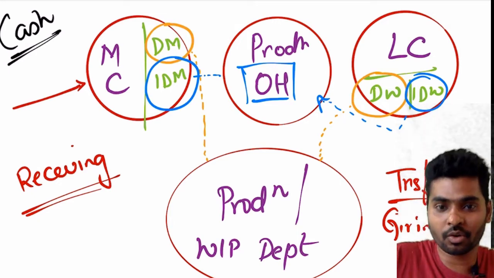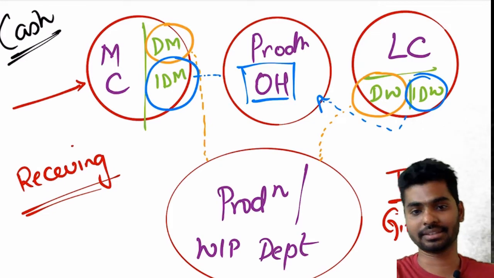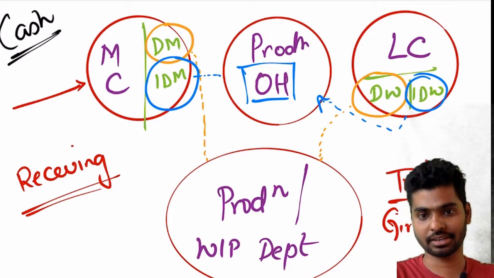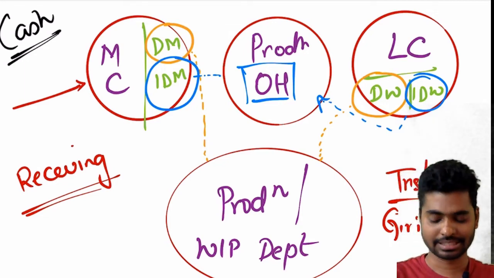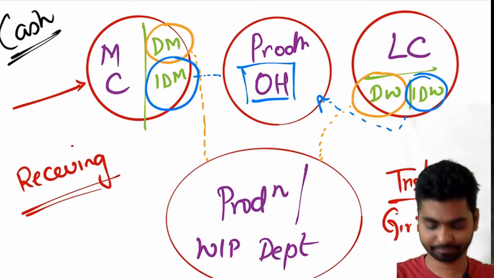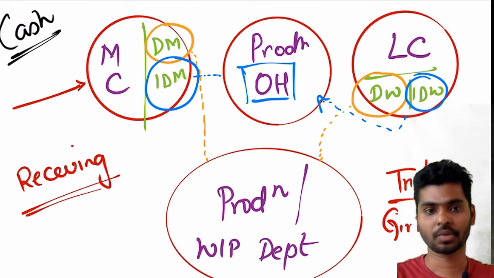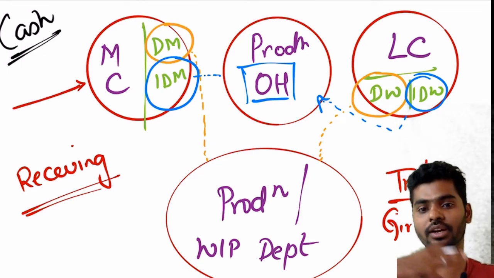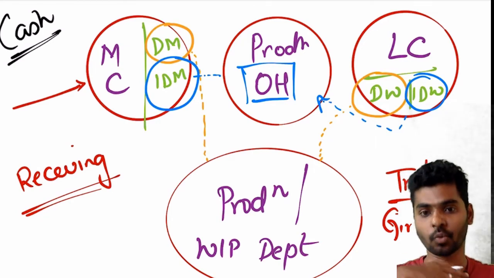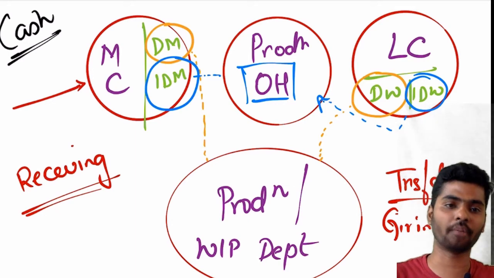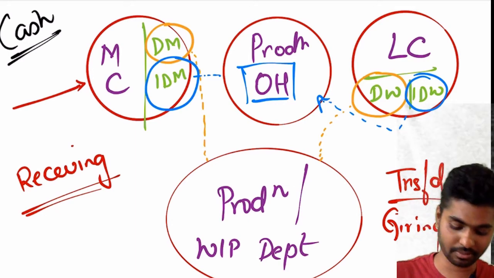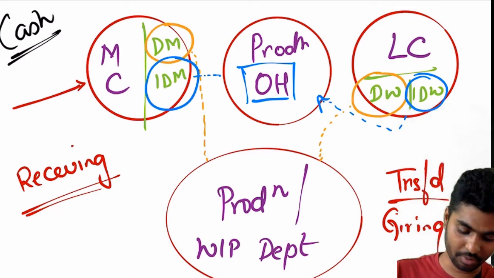Second one is your wages. When you are paying for wages, for getting the services of wages, what is going out is the cash.